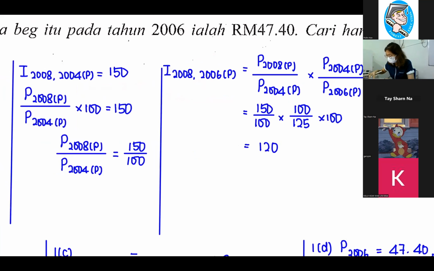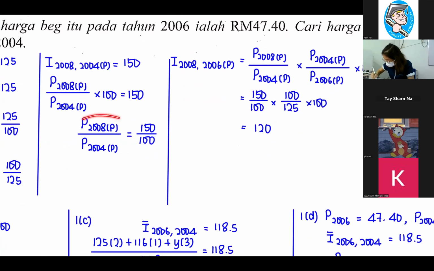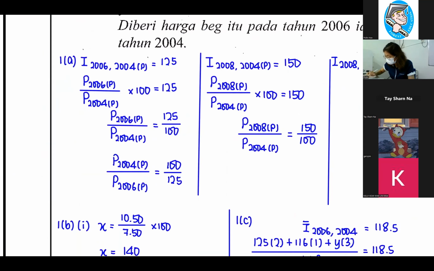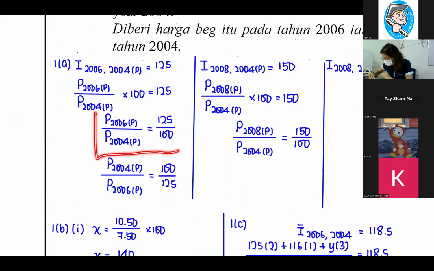2008 based on 2004, 2008 based on 2004. Good, I copy. 2004 based on 2006. You go here. Look at this part. Just now we got only 2006 based on 2004, but now the question asks for 2004 over 2006.